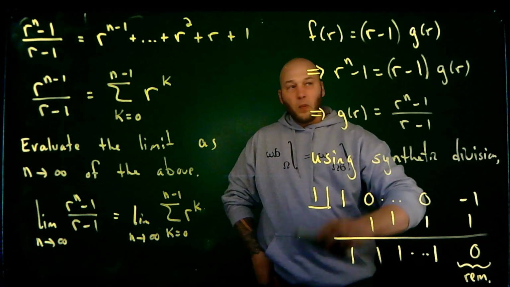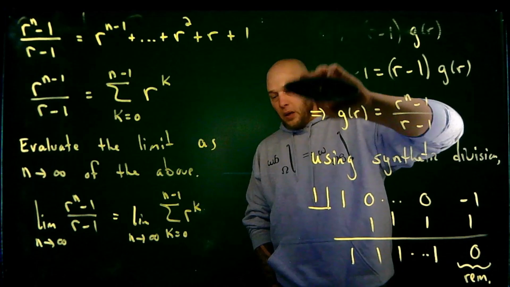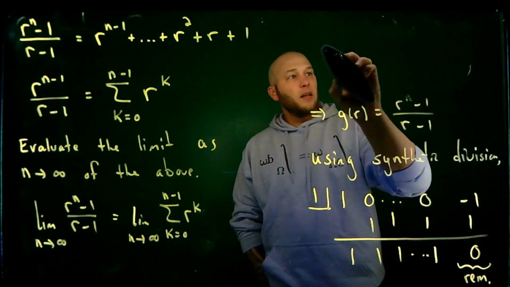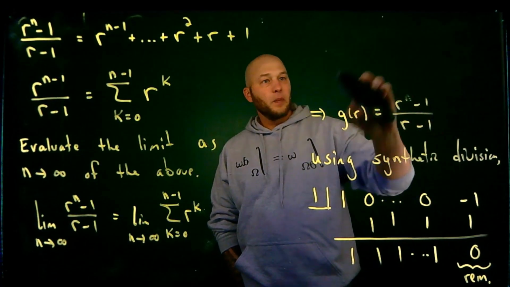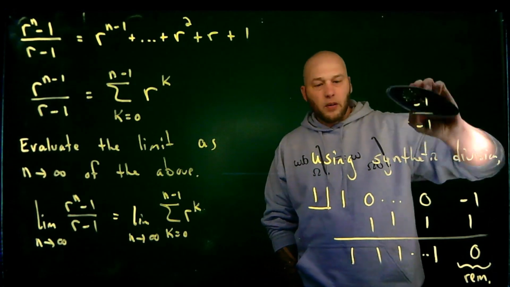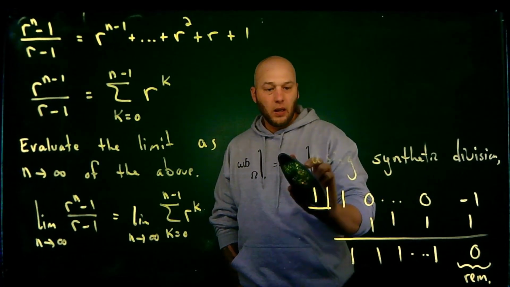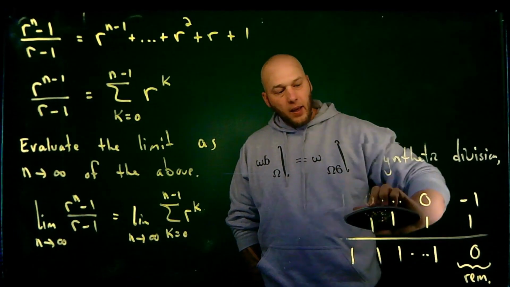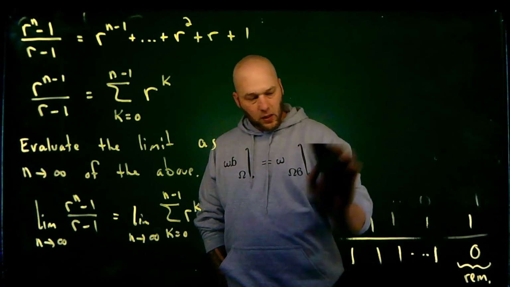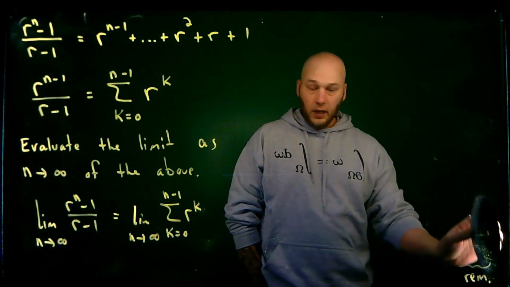Now let me talk about the right hand side while I'm erasing this. Notice that the only place where I have an n on the right hand side is in my upper bound for my summation, and it's n minus 1, but of course if n goes to infinity, then n minus 1 goes to infinity as well, and therefore the right hand side simply becomes the infinite series from k equal to 0 to infinity of r to the k.